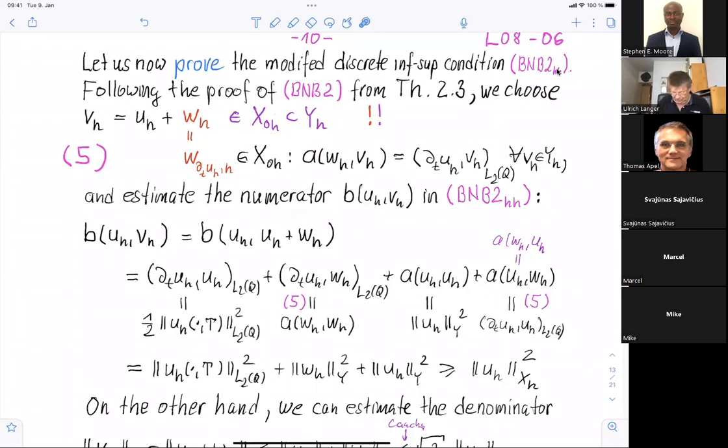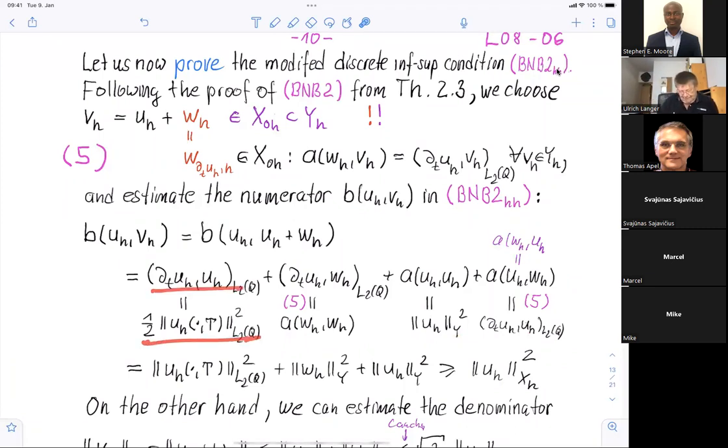This is the norm, this is also the Y norm, and this also by the time derivative of u_h. So this can be written as, the usual trick, integral from 0, the derivative of a squared, and then you can integrate in t, and you end up with this one.